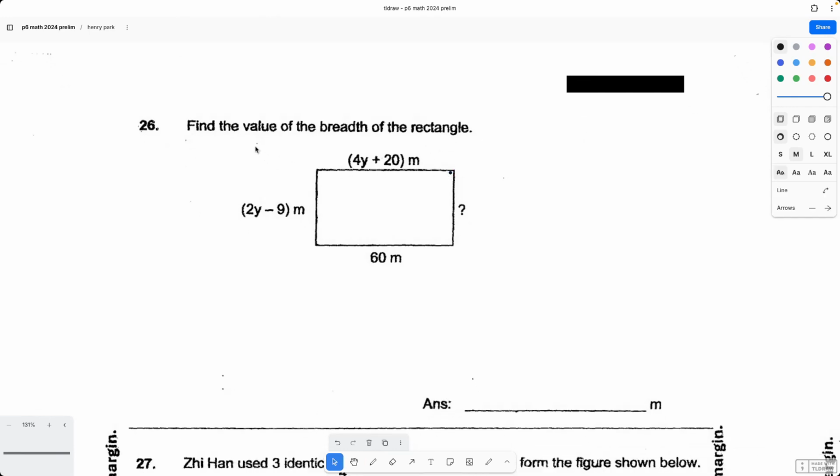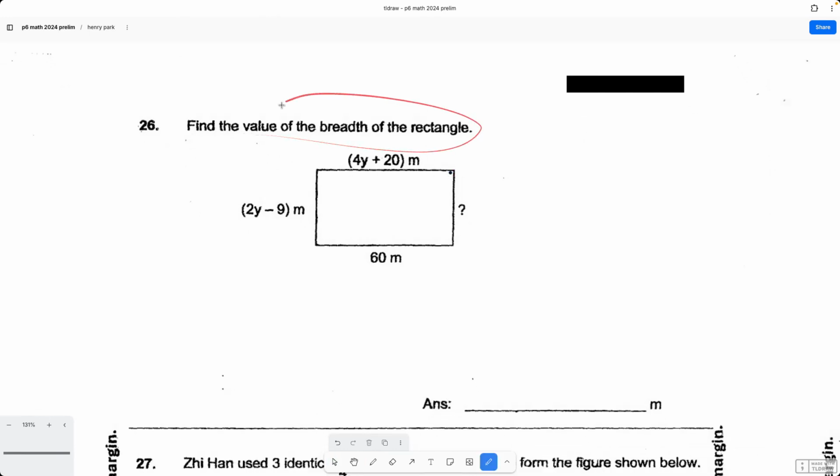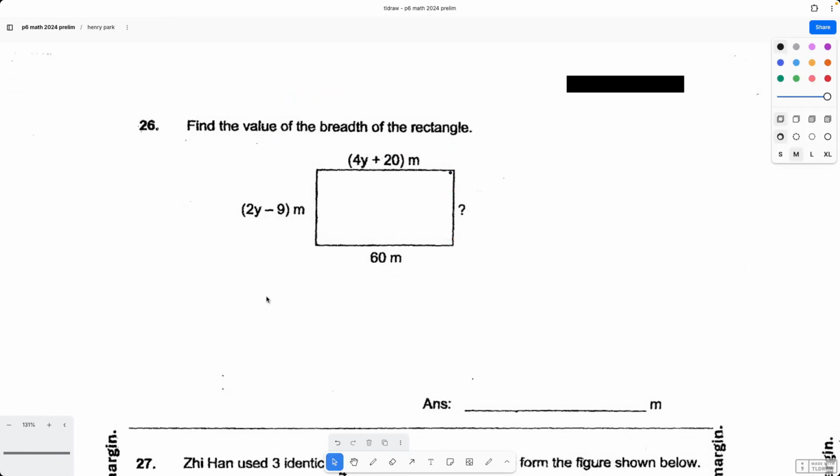Question 26. Find the value of the breadth of the rectangle, which is this question mark. To do this, we know the length is the same. So 4y plus 20 is equal to 60. So for y, that would be 60 minus 20, equal to 40. Y is equal to 40 divided by 4, which is equal to 10.